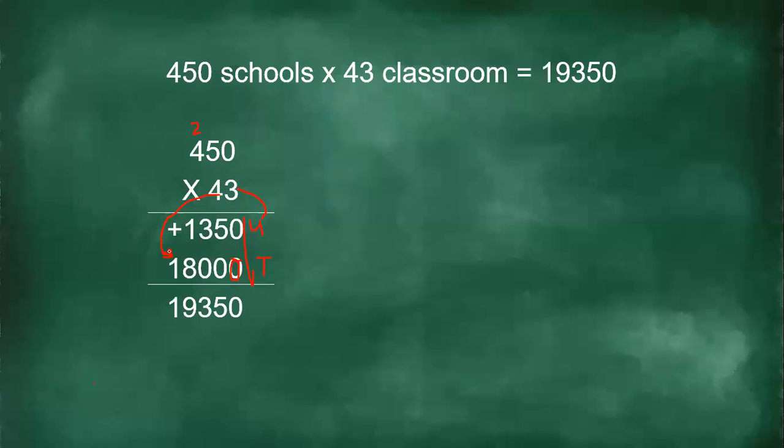So it's the same as going 43 plus 43 plus 43 plus 43, because they are considering all the classrooms that are in the 450 schools, every single classroom. So it's the same as counting each classroom one by one.